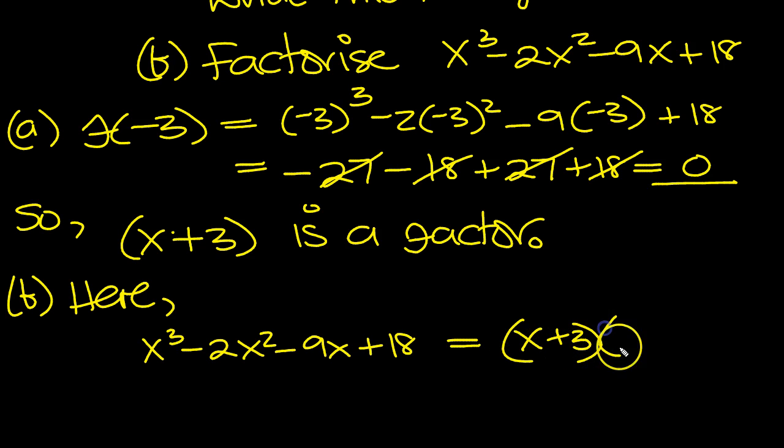Because it's a cubic, we know that we times this factor by a quadratic, ax squared plus bx plus c. We'll be able to divide out this from this, and it will leave a quadratic, won't it? So this is the identity that we have. So we need to work out the values of a, b, and c, and then we can factorize this quadratic to get the factors completely.